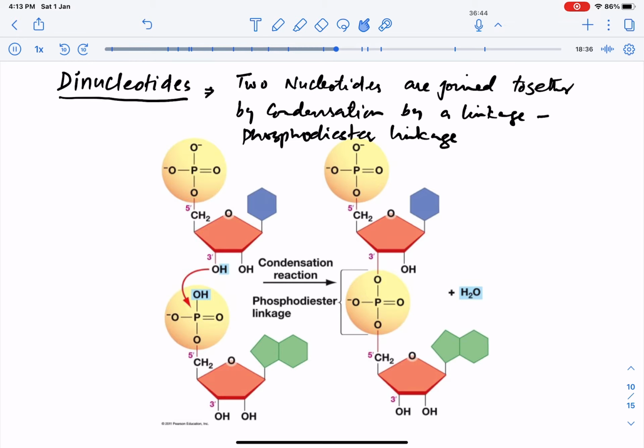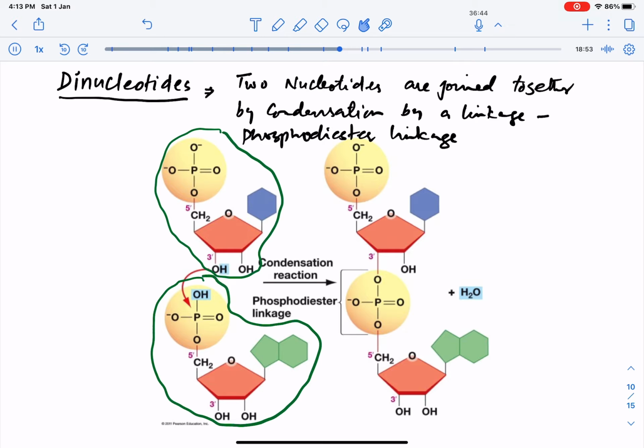For instance, we have these two nucleotides. We have this one nucleotide here and we have another nucleotide here. So we have two nucleotides. These two nucleotides are joined together by condensation.